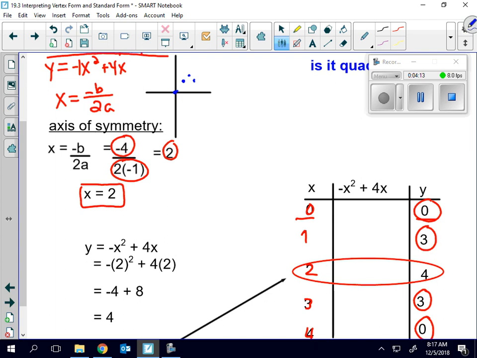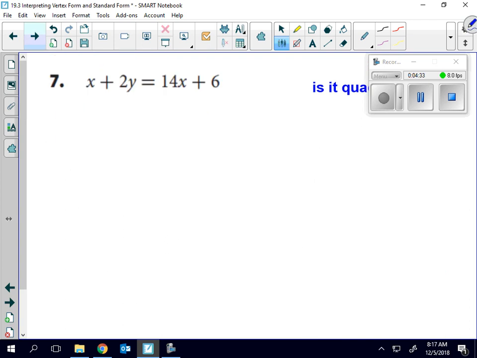And 4, 0, something like that. And it's a curve, right? If you wanted to use graph paper, you could. We know it's going downhill, it's a sad face, because a is negative.